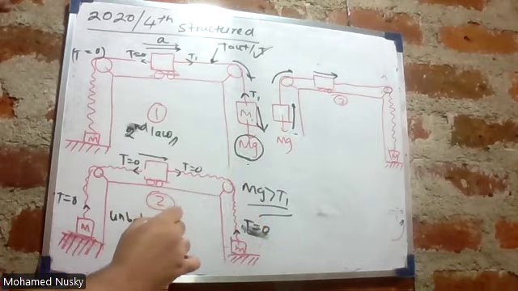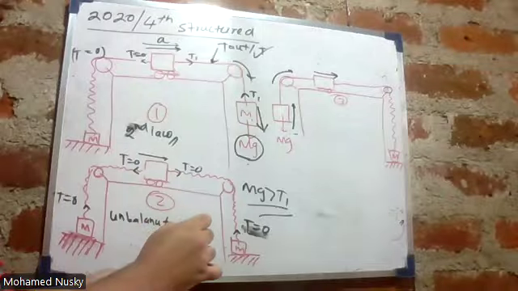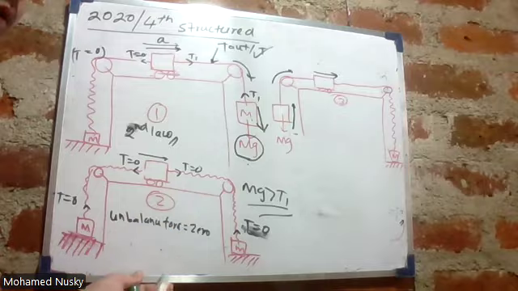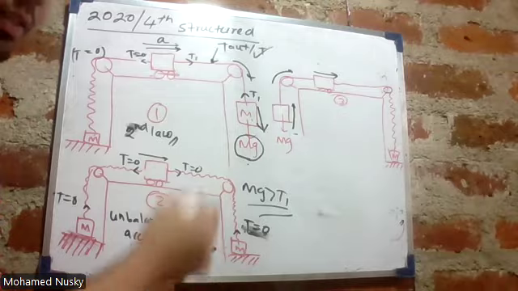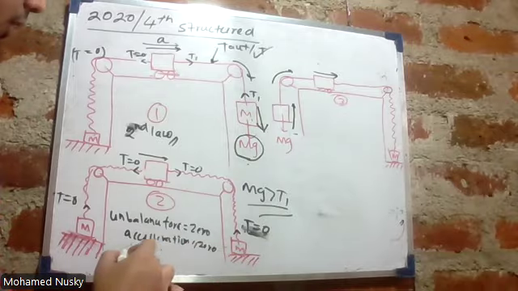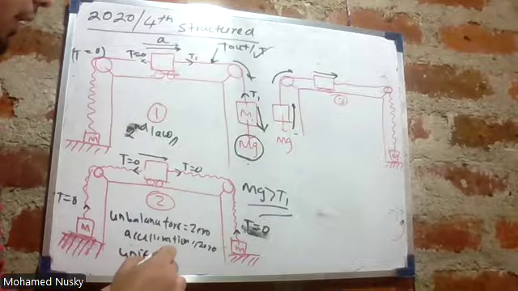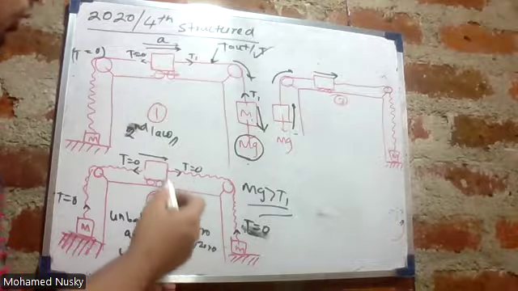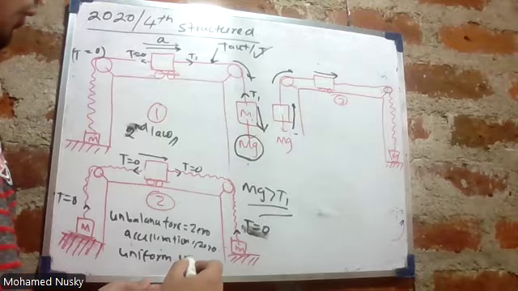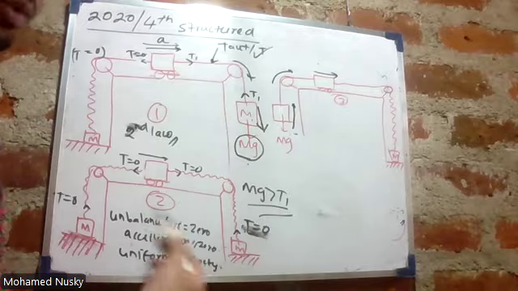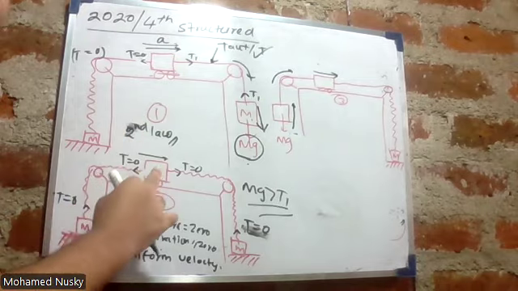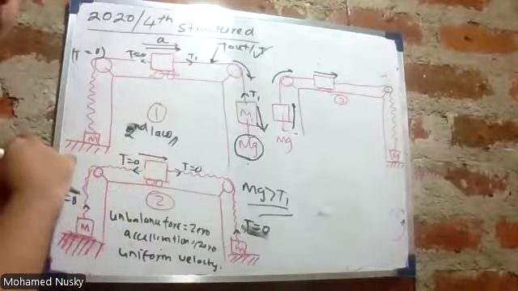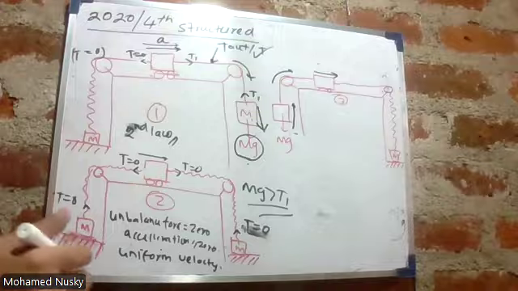If the unbalanced force is 0, what can you say? Acceleration is 0. If acceleration is 0, how will be the motion? It will be a uniform motion, or the trolley will be moving with a uniform velocity, constant velocity, because there is no unbalanced force acting on the object.